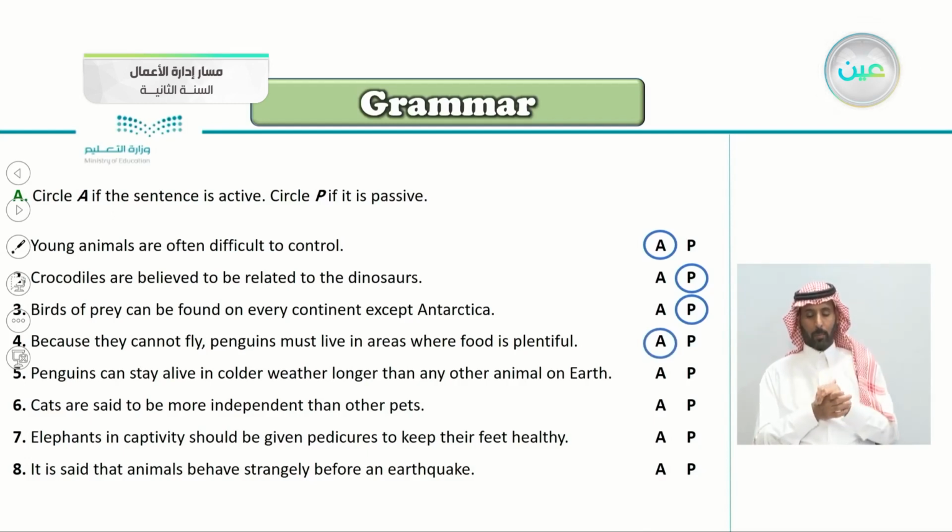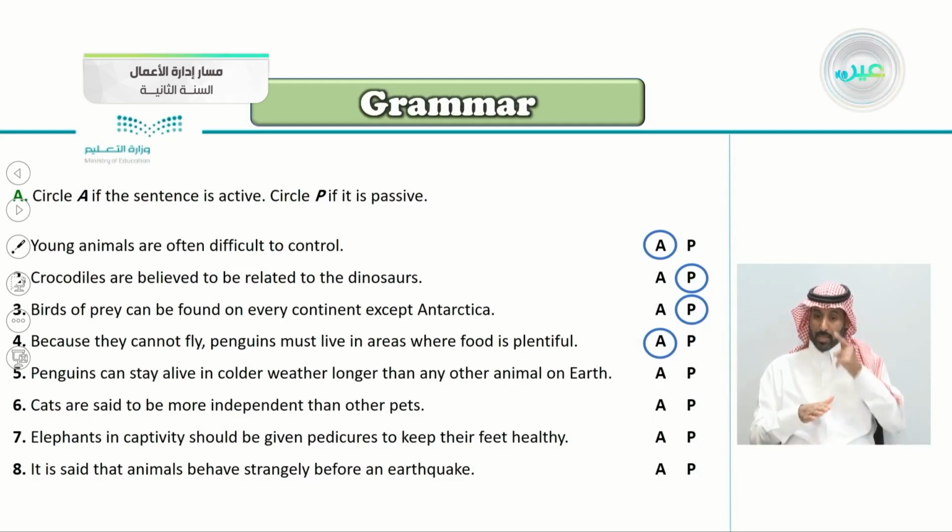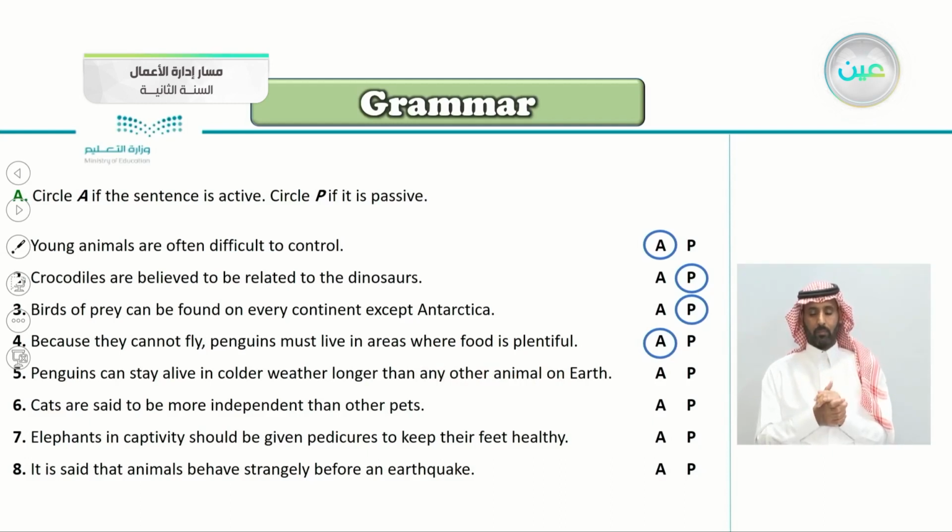Number 5, penguins can stay alive in colder weather longer than any other animal on Earth. So they can withstand the cold. But is this an active or passive sentence? So this one is also active.